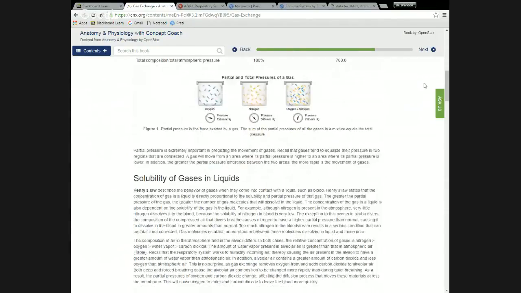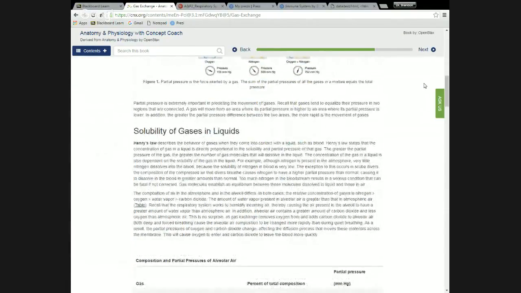Which brings us to how gases dissolve. So the solubility of gases in liquid brings us to the third law that's talked about here, which is Henry's law.